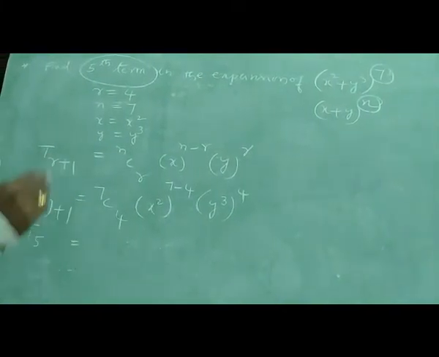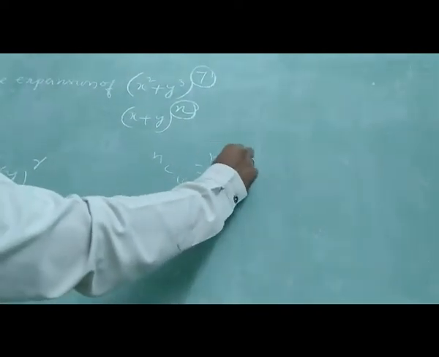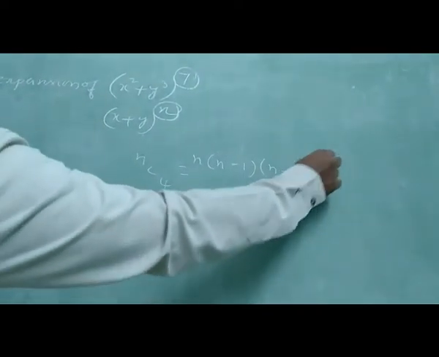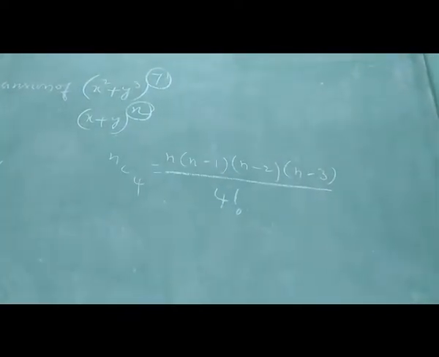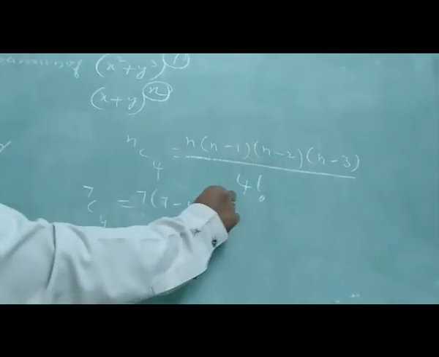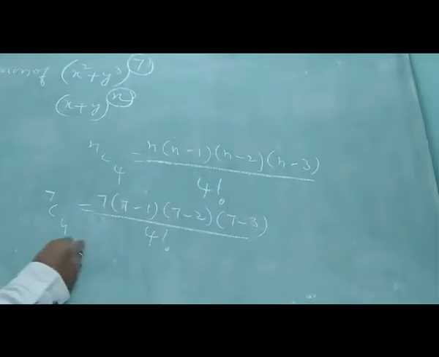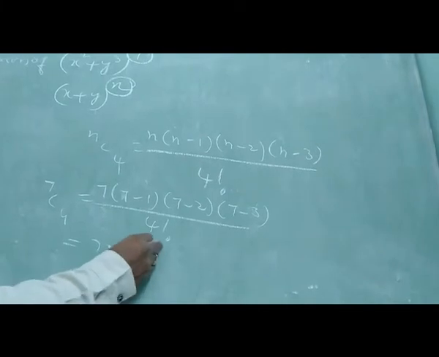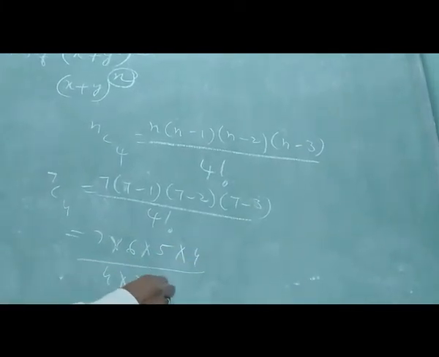So the fifth term equals 7C4, and you know how to find it, as we have just discussed. What is nC4? n into n minus 1 into n minus 2 into n minus 3 by 4 factorial. So 7C4 equals 7 into 7 minus 1 into 7 minus 2 into 7 minus 3 by 4 factorial. So 7 into 6 into 5 into 4 by 4 into 3 into 2 into 1.